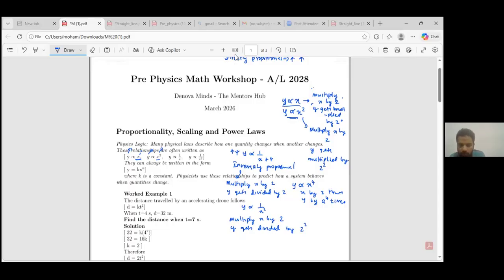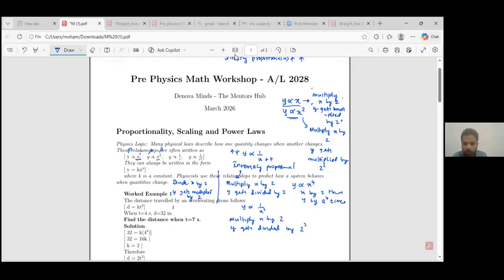So it works the other way around also. For example, if you divide x by 2, y gets multiplied by 2. So that's the idea.